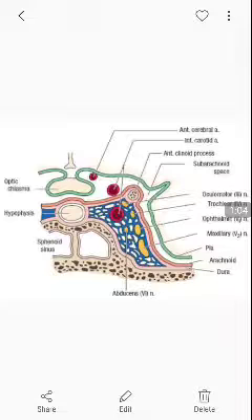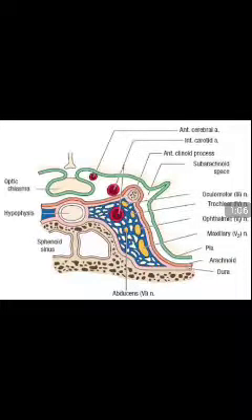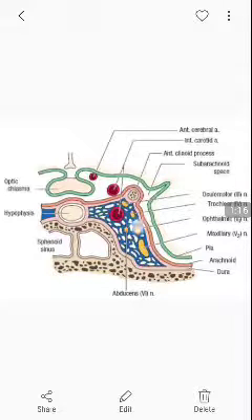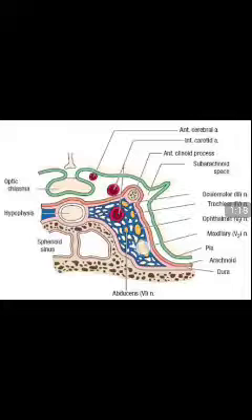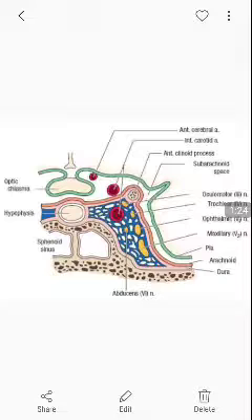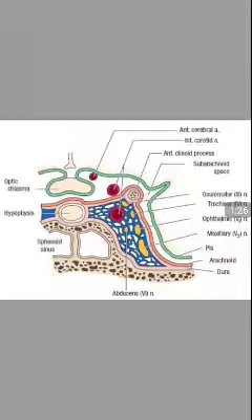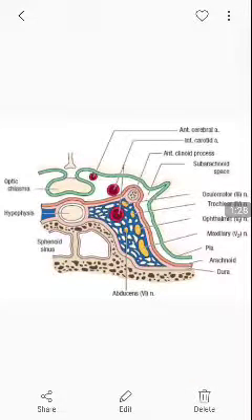There are certain structures which are passing through the lateral wall of the cavernous sinus, and from above downward you can see the oculomotor nerve, trochlear nerve, then the ophthalmic division of the trigeminal nerve, then the maxillary division of the trigeminal nerve, then the abducent nerve, and beside that you have the internal carotid artery.